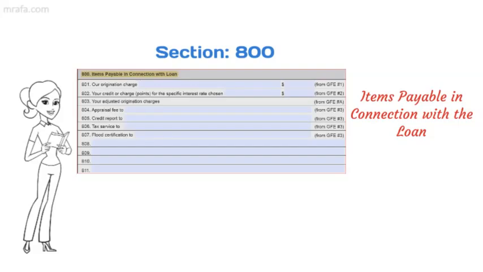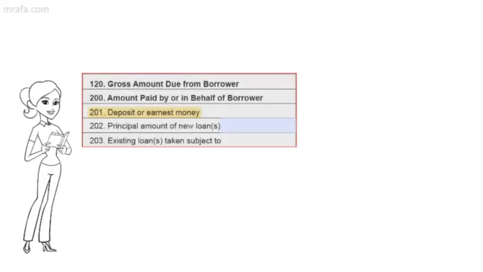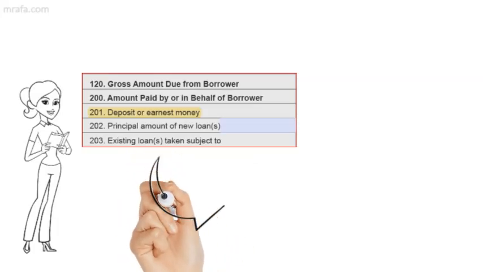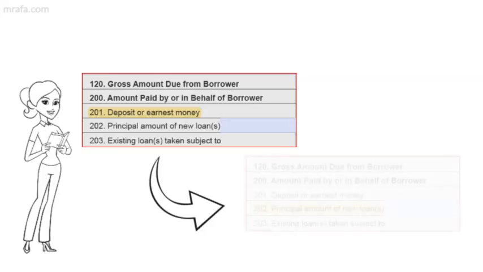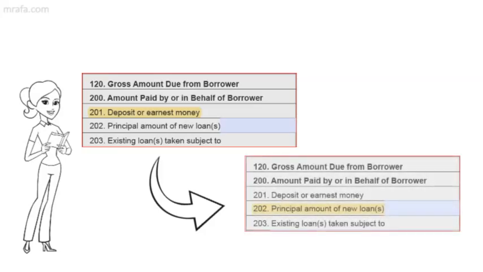So remember on the HUD statement, on section 201, you pay the down payment or earnest money, and then you also indicate on section 202 the principal amount of the loan.